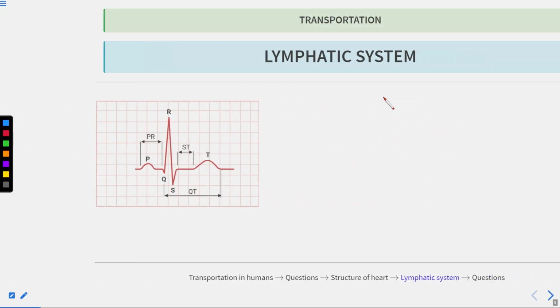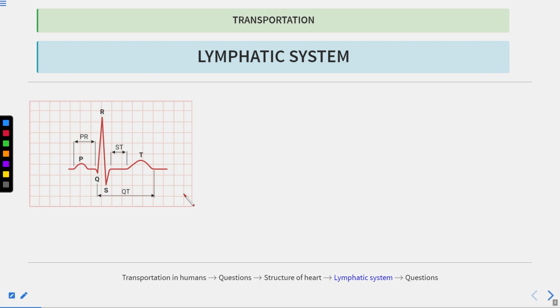This is an image showing you the electrocardiograph, or electrocardiogram, and the process is known as electrocardiography.